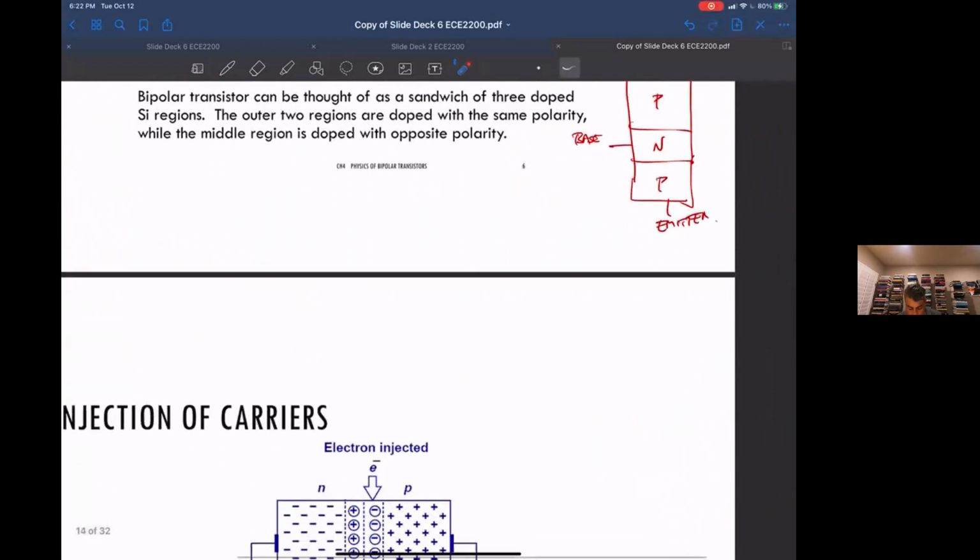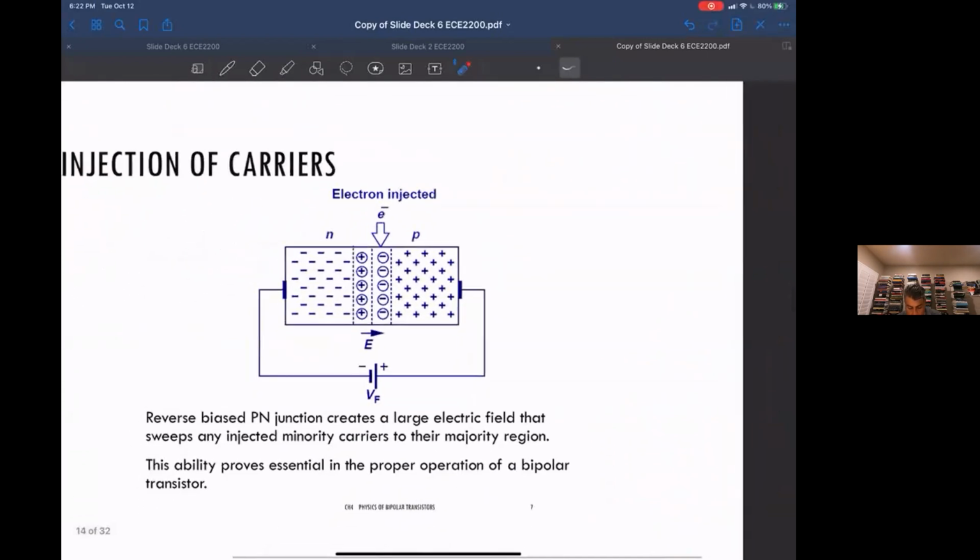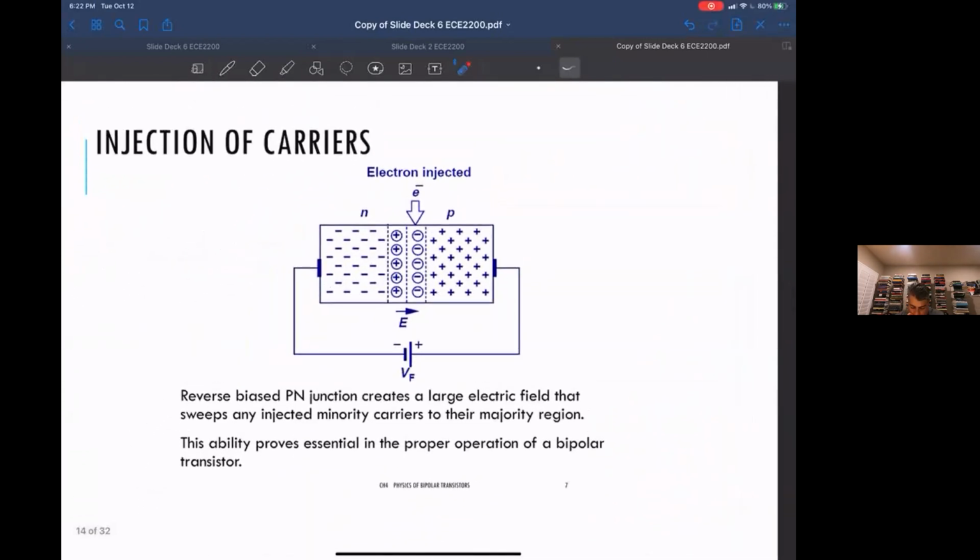Okay, so now let's talk about how this thing works. Remember, a PN junction has a depletion region.